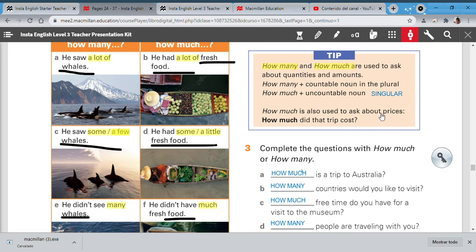For example, if you go to the store, to the market, to the supermarket, and you want to ask for the price of something, you say how much. How much did that trip cost? How much does this jacket cost? How much do these apples cost? Remember, with prices, how much.